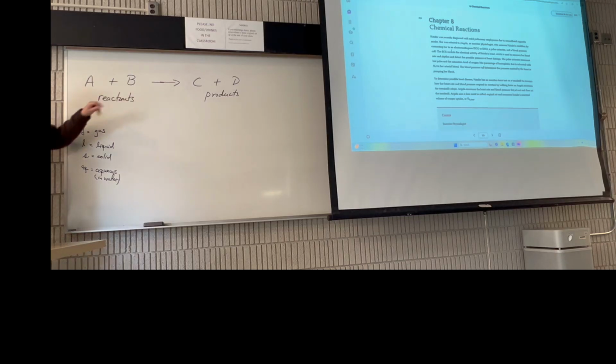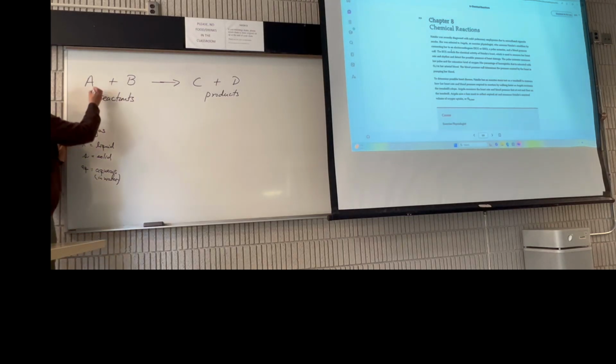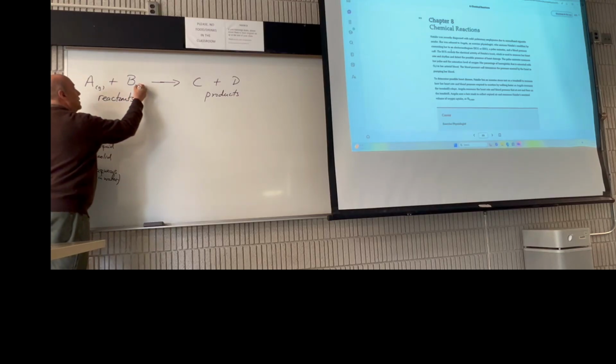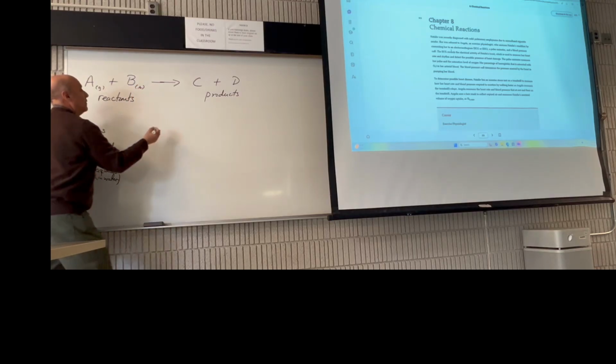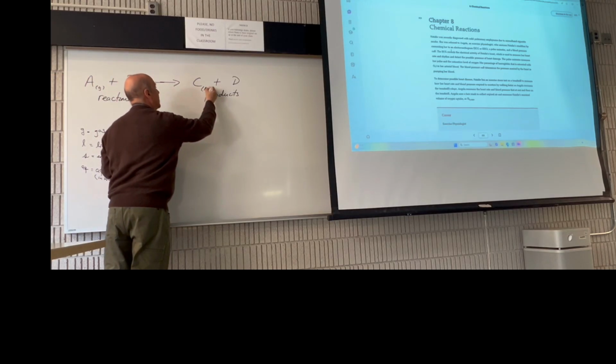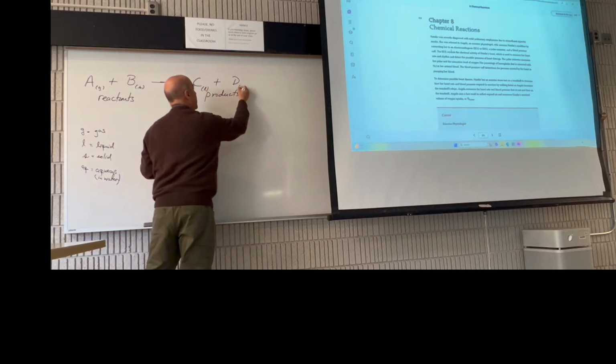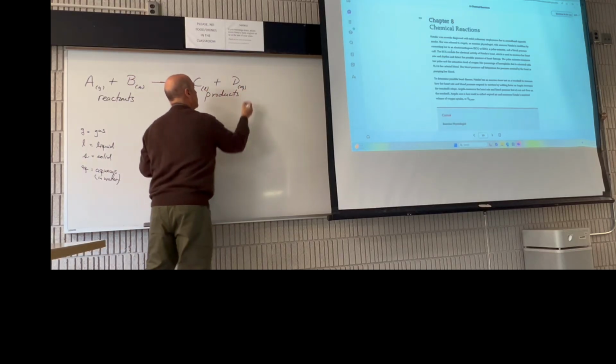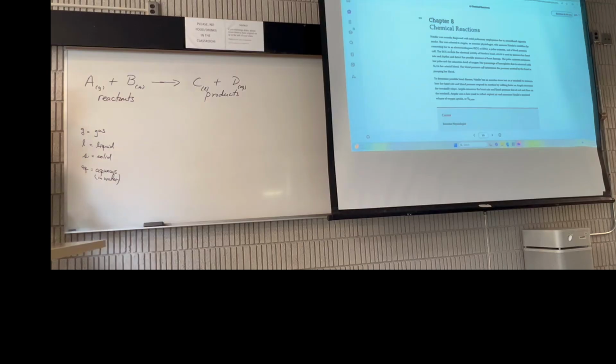So in this particular generic form, I could have A as a gas, B as a solid, C as a liquid, it's just an example, and maybe D as an aqueous solution. The point is that you have to indicate those states of matter. They need to be written.